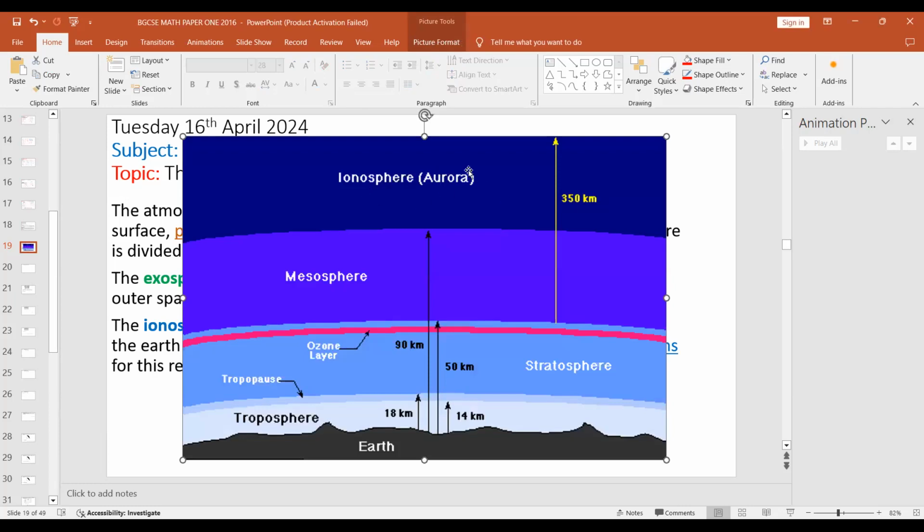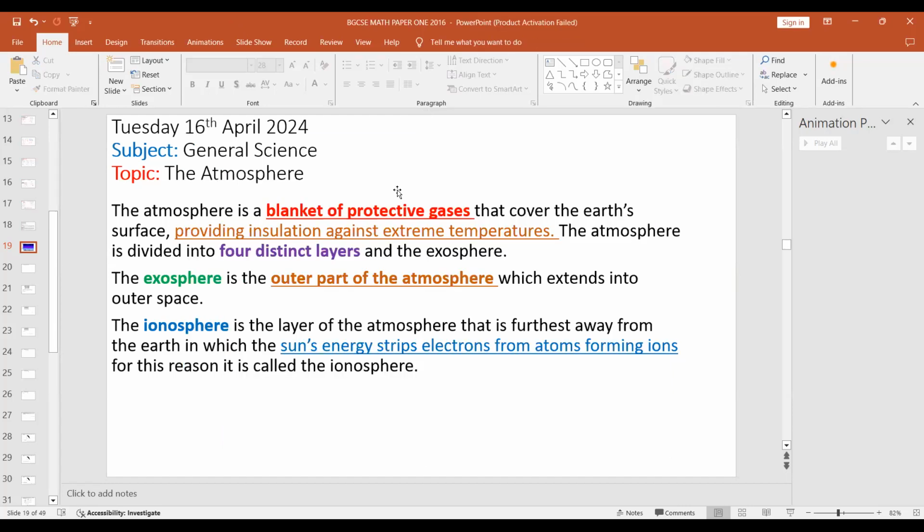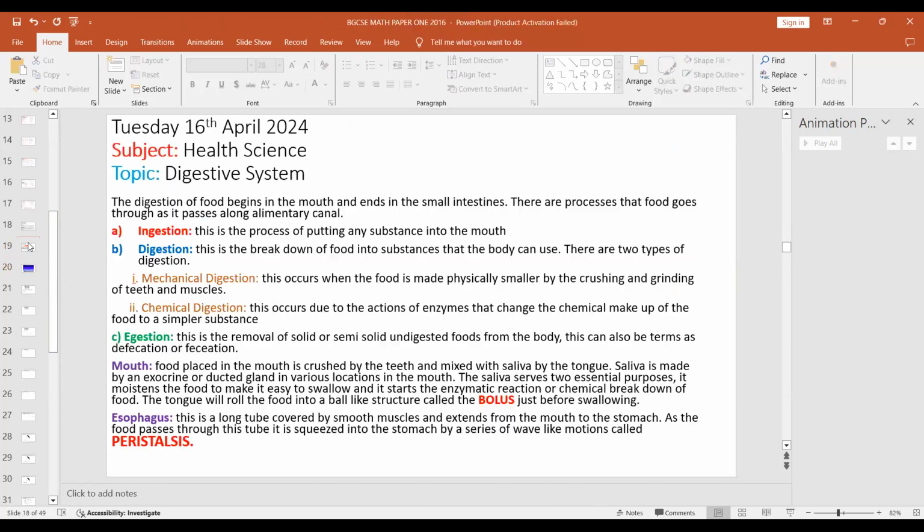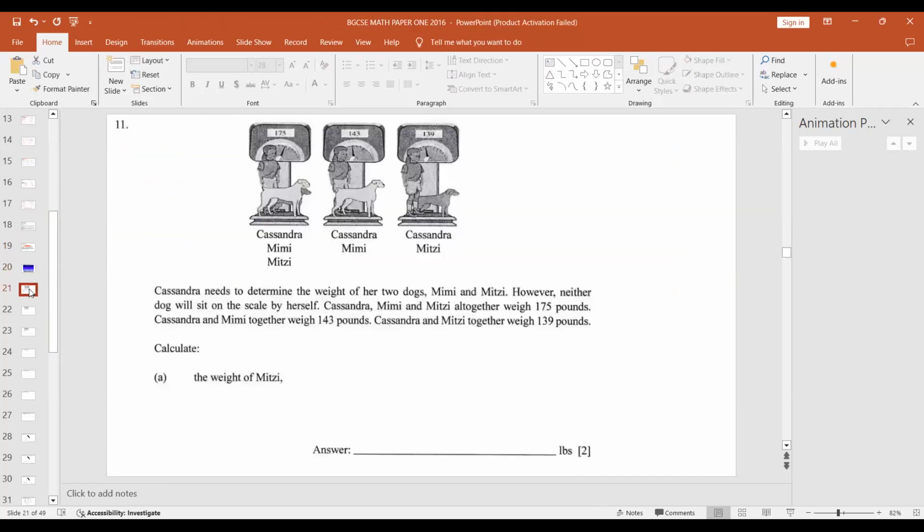That's this layer, the layer that's farthest away. This is where the ions are formed, okay? Next is the mesosphere, and then we can talk about the stratosphere and the troposphere, but we're on the ionosphere right now. That's the one that's furthest away from the Earth, in which the ions are formed. Okay.